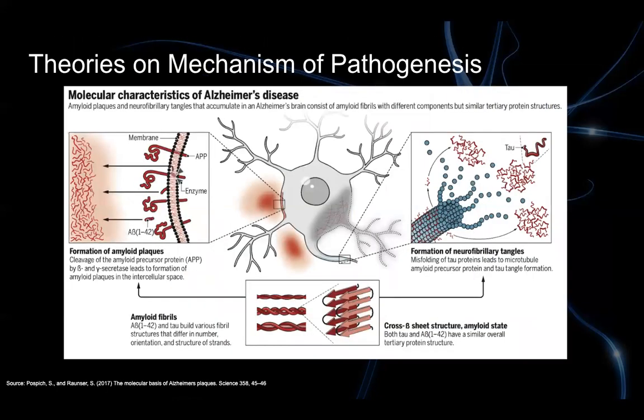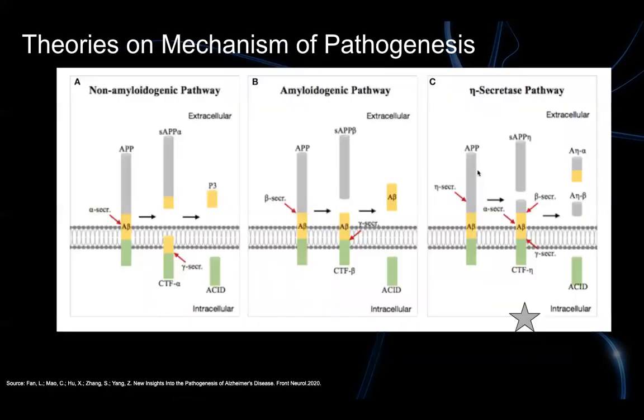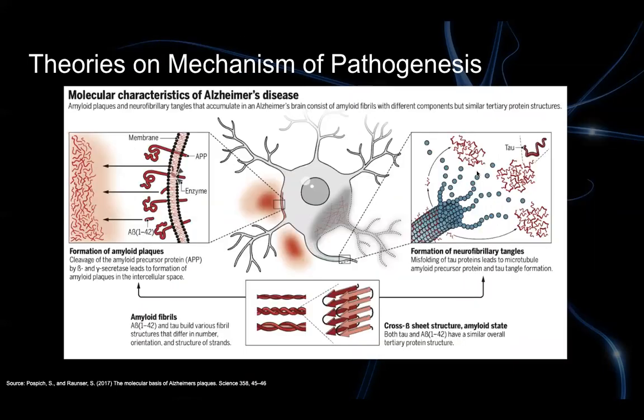The second hypothesis is the tau phosphorylation hypothesis. So tau is a microtubule-associated protein that's found in neuronal axons in the brain. Its normal physiological function is to maintain the microtubule structure and function.